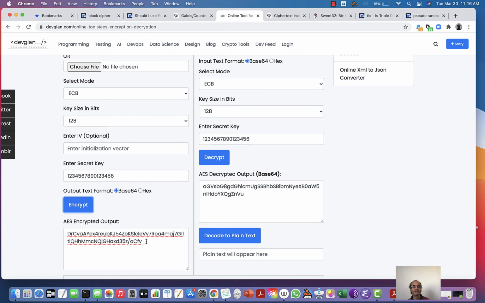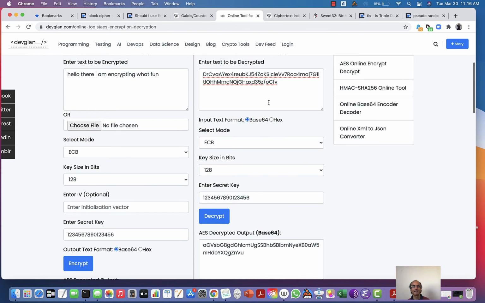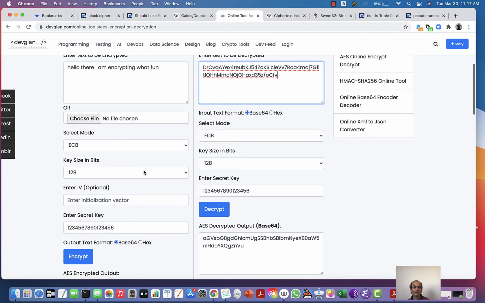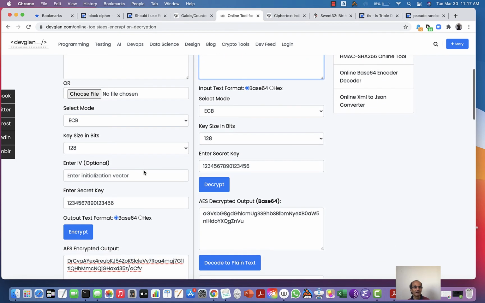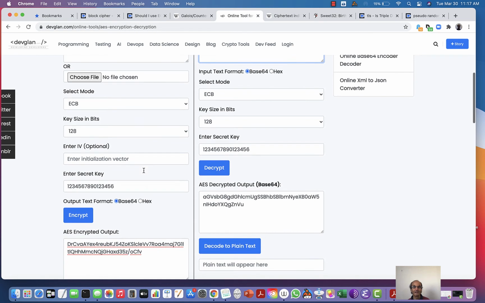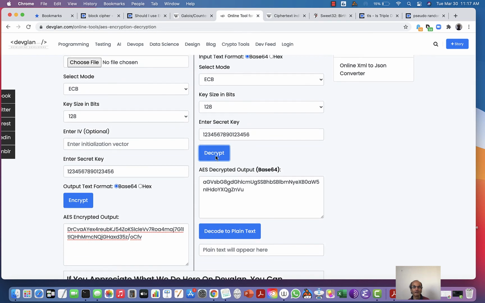So let's try that. Oh, did anything even change there? No. Decode to plain text. Okay, so it was working, sorry, just that this was base 64. So that's the decoding. It allowed us to enter an IV, but with ECB, it's not going to use it.